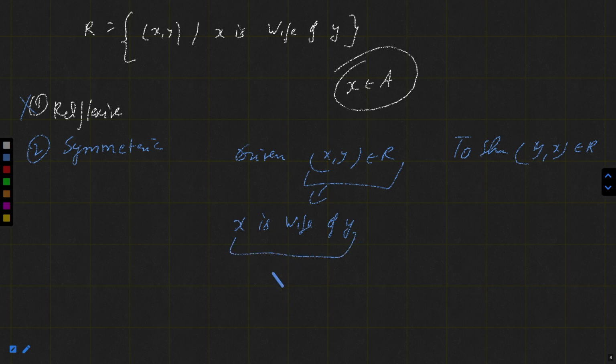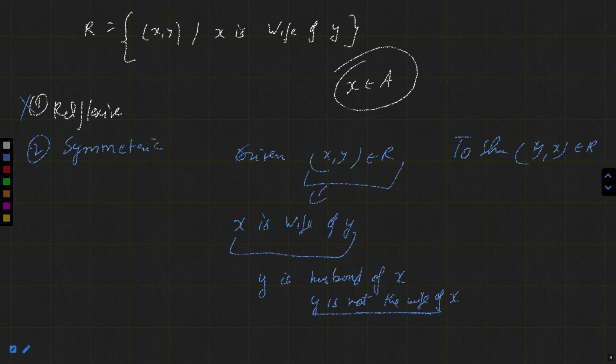Can I say that y is the husband of x? This means y is not the wife of x.